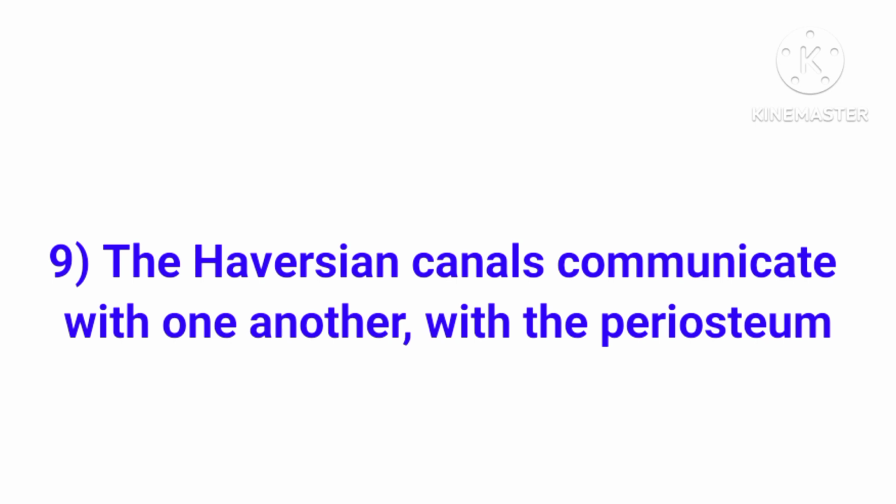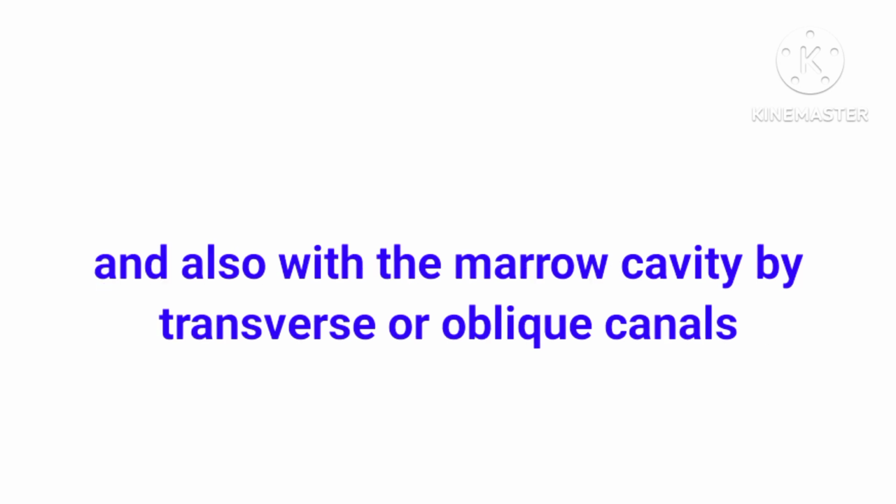Periosteum is a membrane that covers the outer surfaces of all bones. And also with the marrow cavity. Marrow cavity means diaphysis of a long bone has a hollow cavity called marrow cavity.